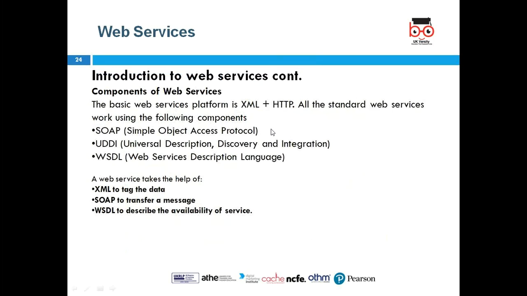Then the three pillars use SOAP, Simple Object Access Protocol. Every provider would be using SOAP, and the service description would be written in WSDL, and the services would be listed in the UDDI, Universal Description, Discovery and Integration.